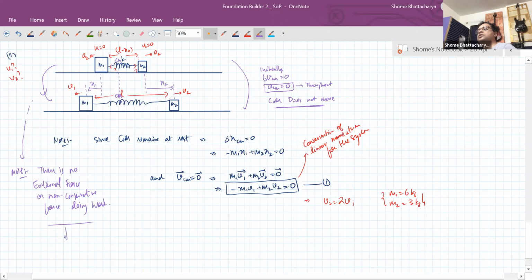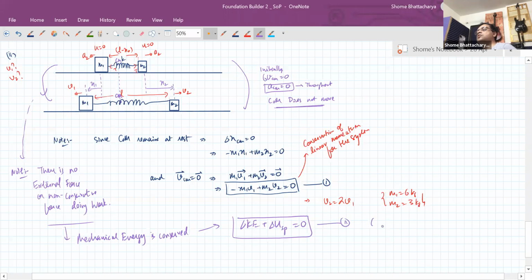So that means the mechanical energy of the system is also conserved. That's where we'll get the second equation from: for the system, the change in kinetic energy plus the change in elastic potential energy of the spring should be zero.